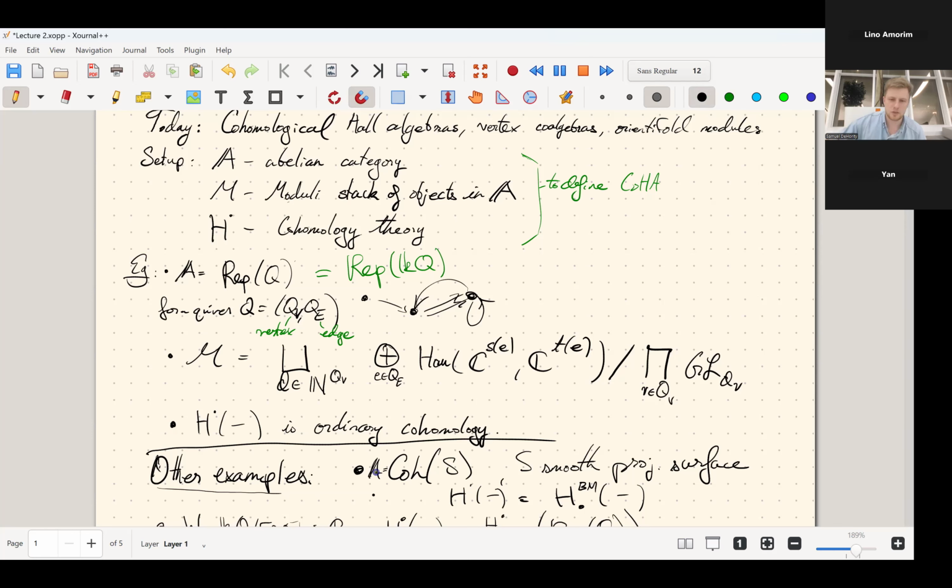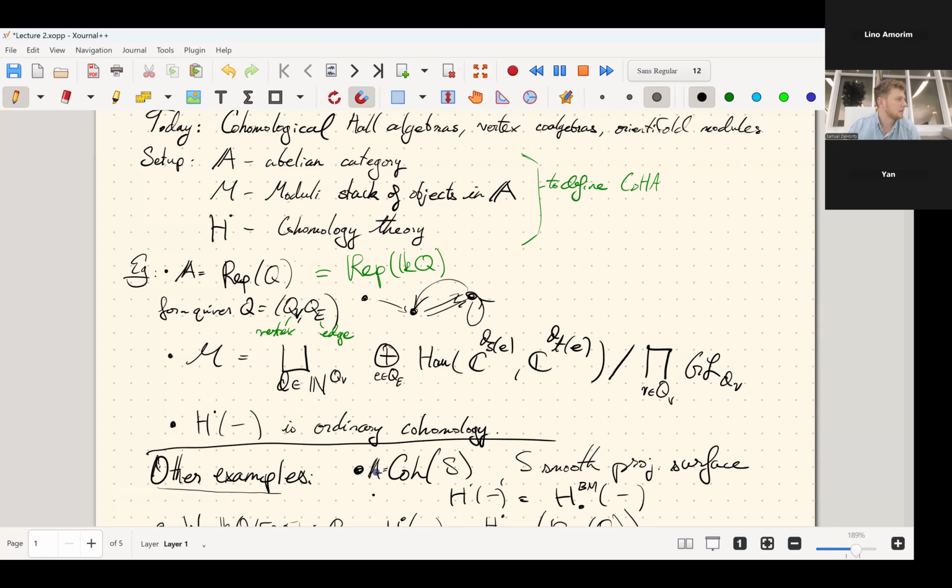Then our moduli stack is just written as a quotient of a vector space. Actually, here's a little bit of a typo already. More precisely, it's a disjoint union of stack quotients, linear stack quotients. So for each dimension vector, which assigns a dimension to each vertex of the quiver, we get a vector space coming from the arrows. It's a direct sum over each of the arrows of just maps from the vertex at the source of each arrow to the vertex at its target.